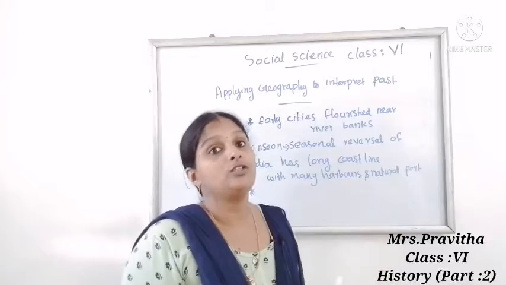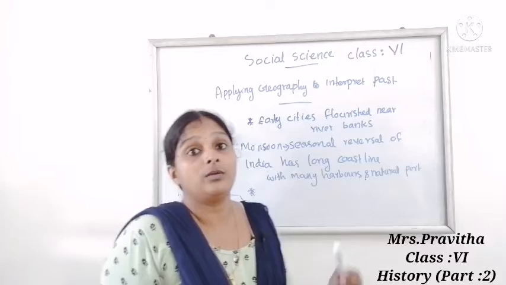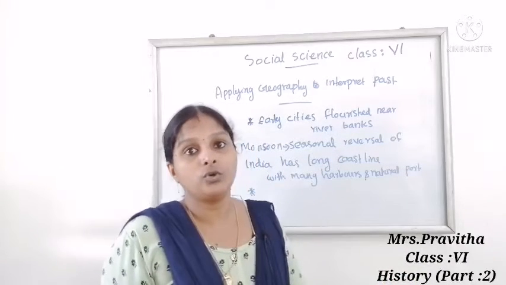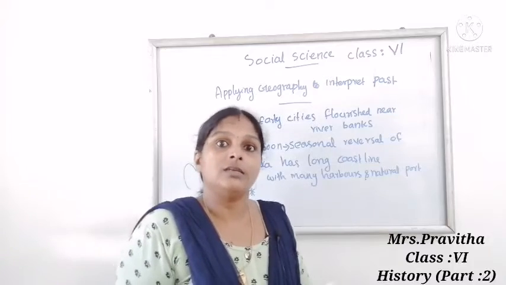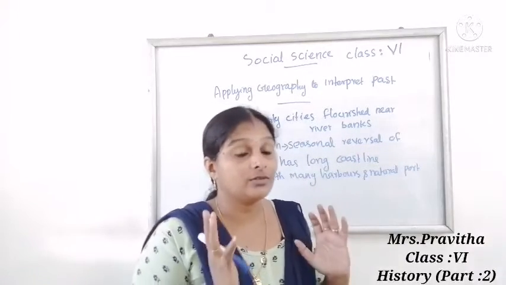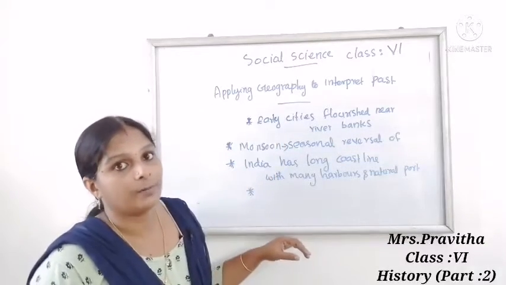So another important geographical term used here is mountain ranges, mountain passes, Himalayan ranges. All this we will study in geography. So this geographical term is used to interpret history. What is our topic today? Our topic is about applying geography to interpret our past.